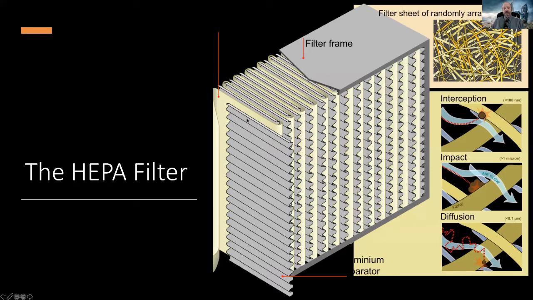Okay, so you have a lot of surface area here, right? You need a lot of surface area because the pores, if you look at the fibers in the HEPA filter, the holes between the fibers is pretty dense. So trying to push a lot of air through very small holes is difficult to do.